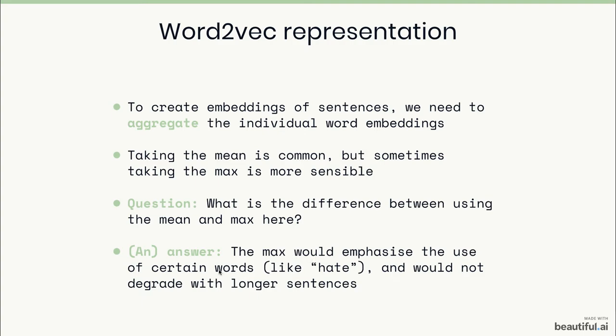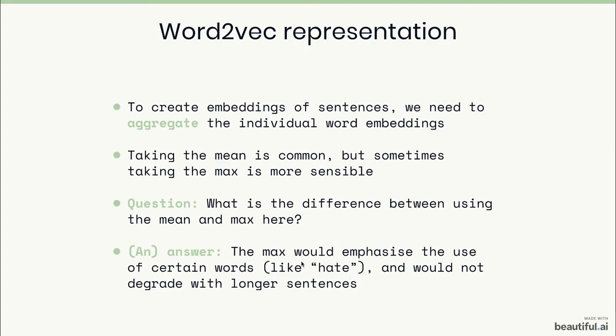Also, if we use the mean and we have a very long sentence, then just by the way the mean works, we would degrade the representation the longer it gets. So if there's a bunch of fluff at the end of the document, this would make important words like hate less impactful, so to speak.